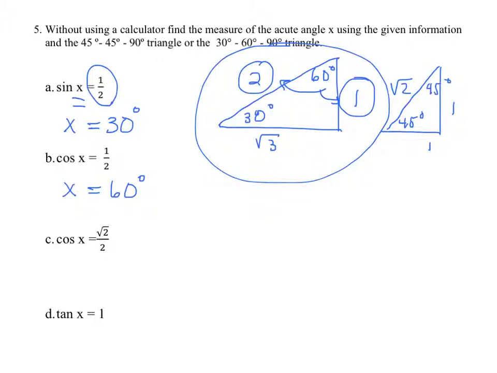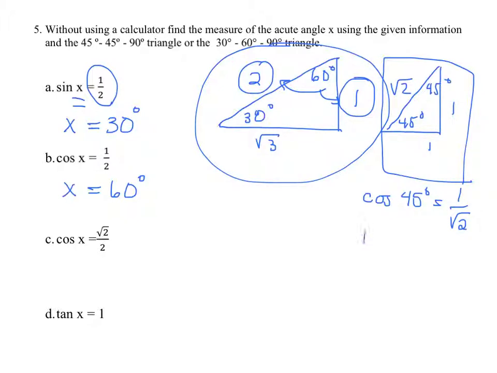All right, next one. Whenever you have a bunch of 2's involved, it's going to be this guy. Now you're saying, okay, what is the cosine of 45 degrees? Using the triangle, we get 1 over the square root of 2. But rationalizing, multiplying by the square root of 2 over the square root of 2, we get the square root of 2 over 2.